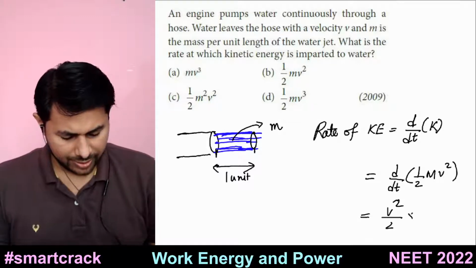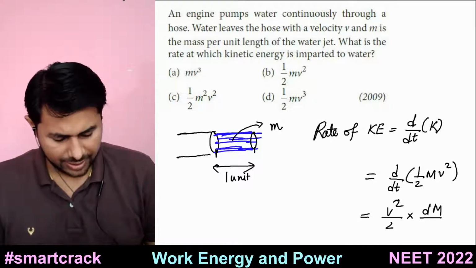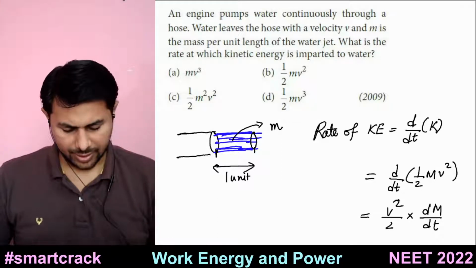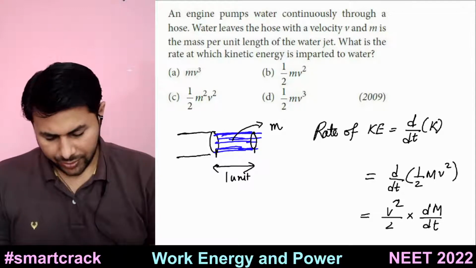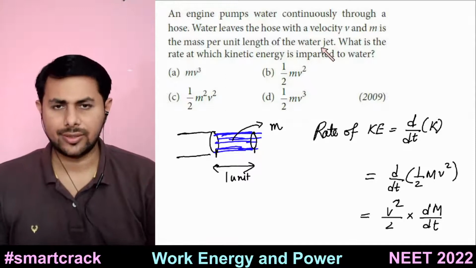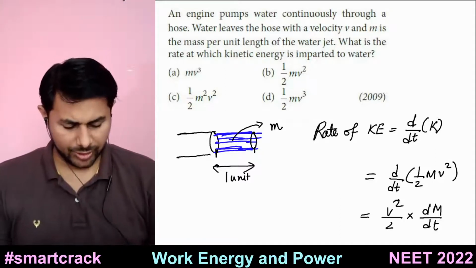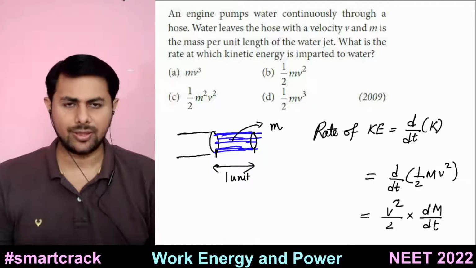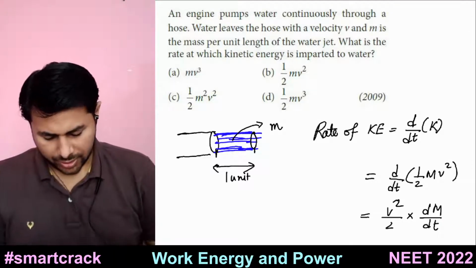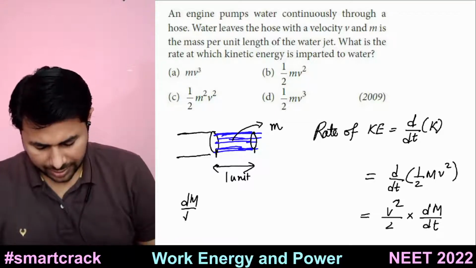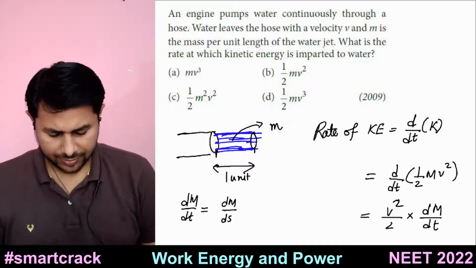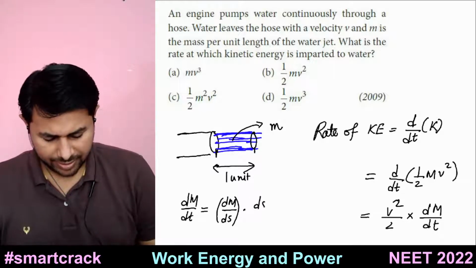Then what do I want? I want dm by dt. We know the mass per unit length of the water jet, so we can divide by length and multiply by length. dm by dt equals dm by ds multiplied by ds by dt.